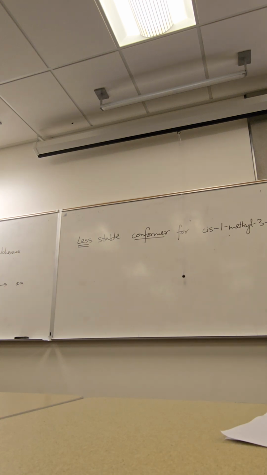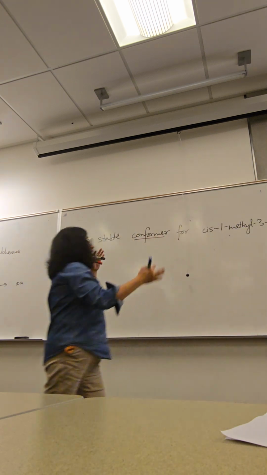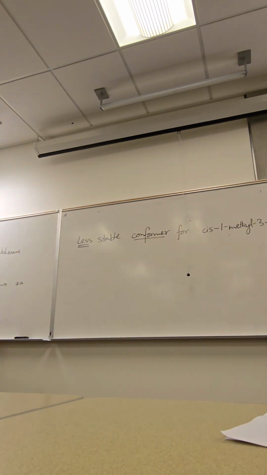So you don't have to do all of that here, just the chairs is okay. Just the chair form. The chair is giving us a conformational perspective, so you don't have to draw Newman projections.